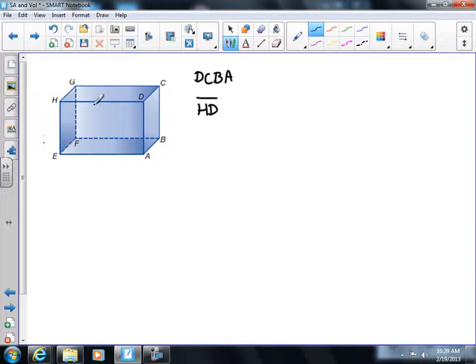I can't say FB because it would be parallel. Okay, a skew line would be possibly GF. Okay, CB. Any others? Okay, I couldn't do DA because it would intersect with HD. Okay, those are some examples of skew lines to HD.